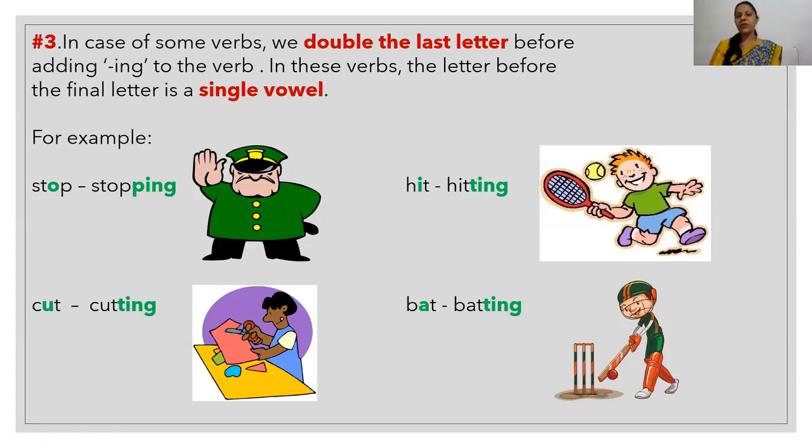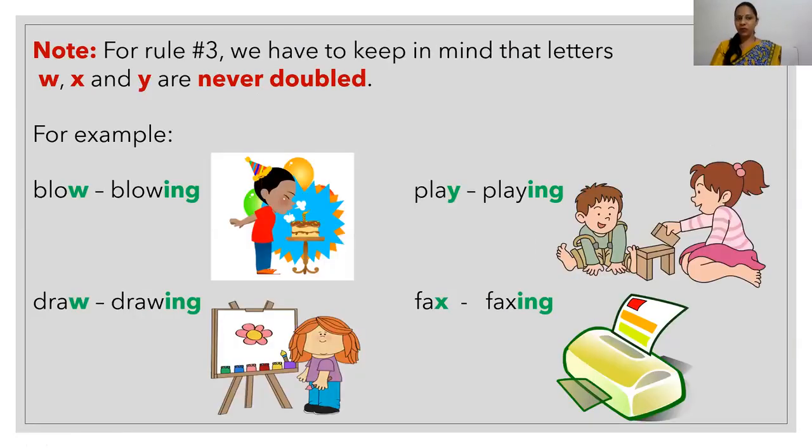There is one more thing that we have to take care of. Note, for rule 3, we have to keep in mind that letters W, X and Y are never doubled. Which letters? W, X and Y. Let us take few examples.